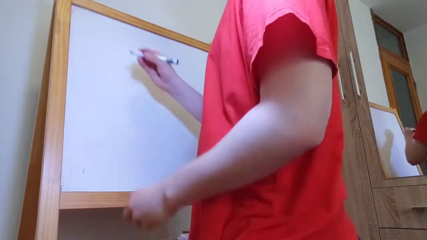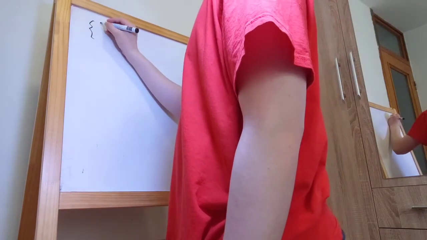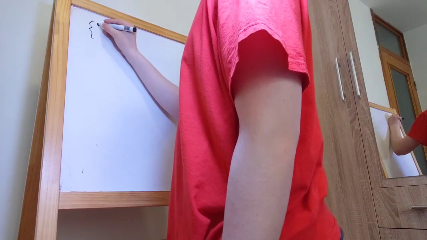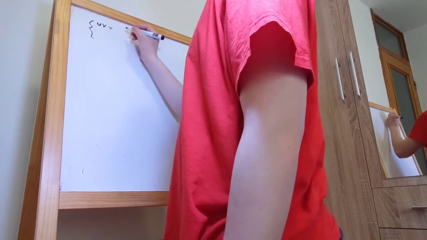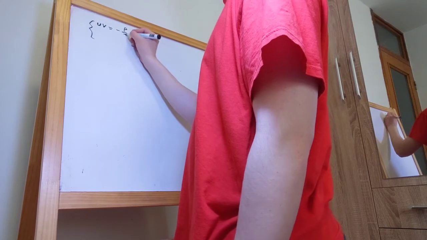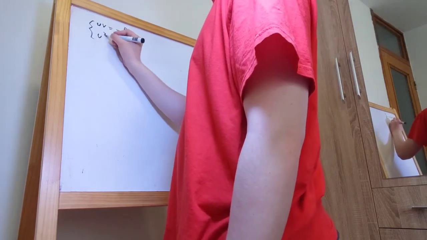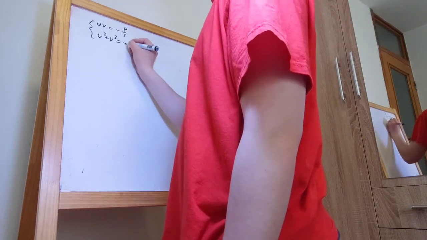So, let's recap. We had uv is equal to minus p over 3 and u cubed plus v cubed is equal to minus q.